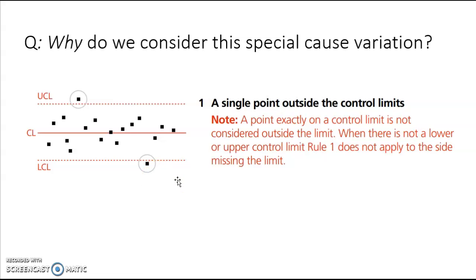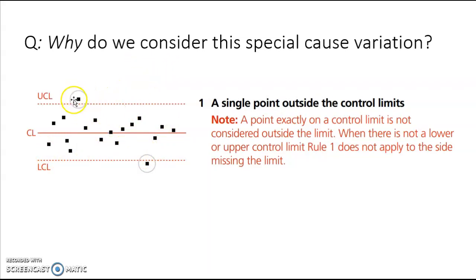If this makes you think of null hypothesis testing, there's a lot of similarity there. If we assume the null hypothesis is true and then we get a really low p-value, saying this is a lot of evidence against the null, you can think of these special causes of variation as evidence against common cause variation, evidence against the idea that the system is in control, that nothing special is going on.